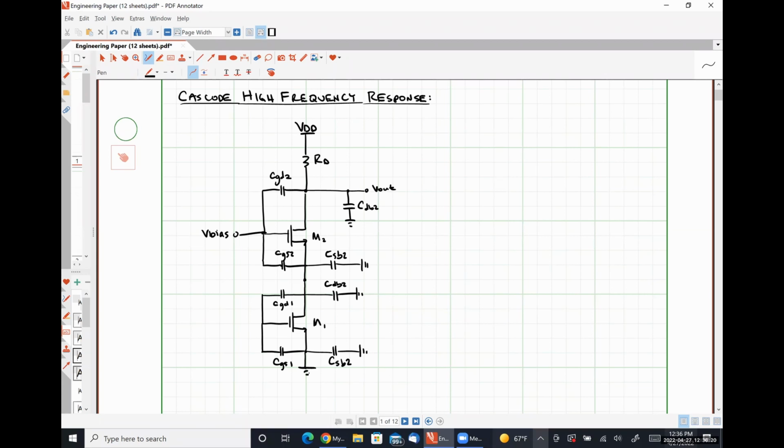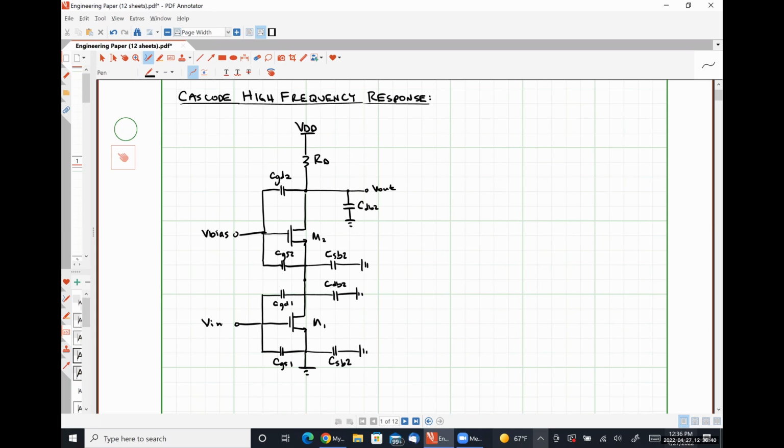Our source terminal for transistor M1 is grounded, and we apply our input voltage. All right, so let's take a look at this horrifying mess of capacitors and see what goes away.